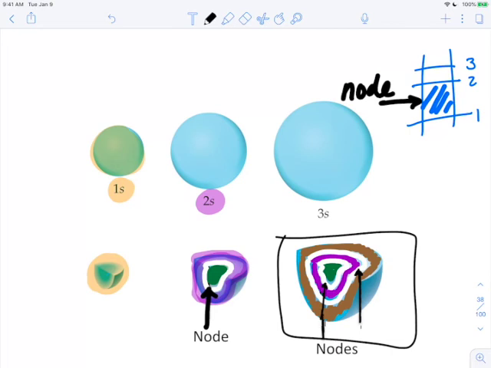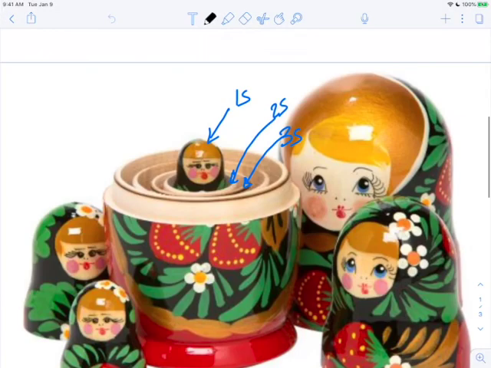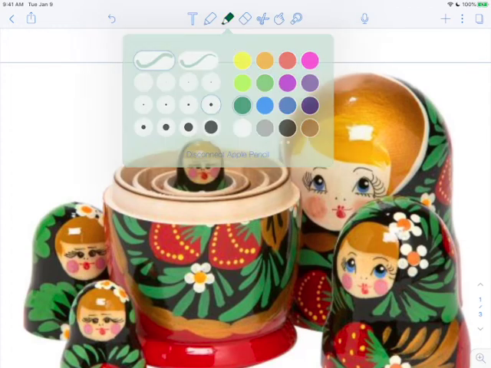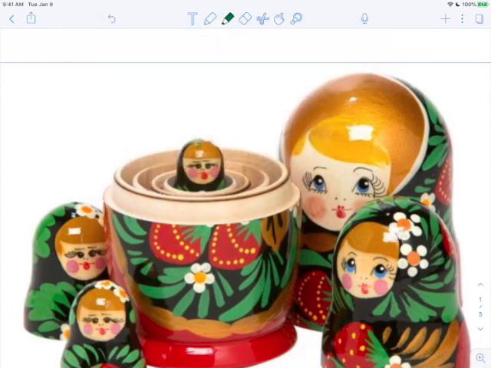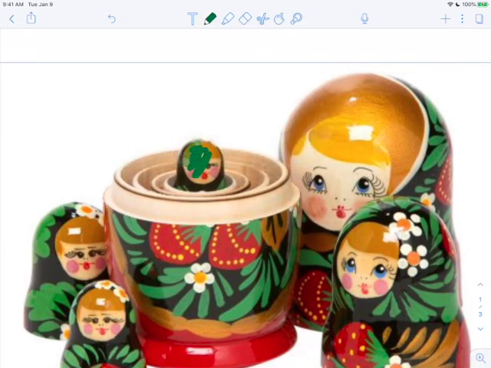All right, so let's take a look at what this would look like if we were talking about those Russian dolls. First off, I'm going to think of the 1s electron. So if you are a 1s electron, you get to travel anywhere within this doll right here, because it is a nice solid doll.